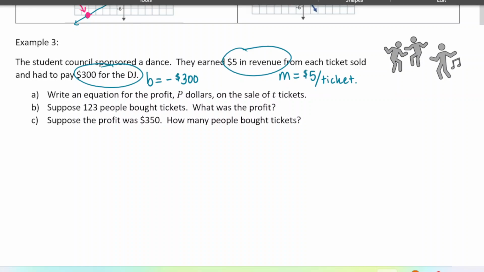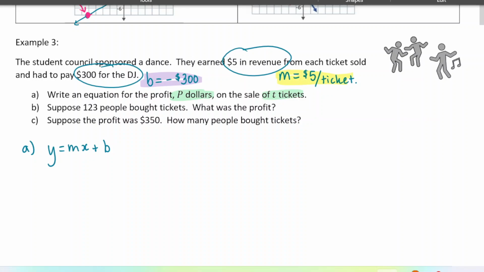Okay, so here for part A, it says write an equation for P profit on the sale of T tickets. So if I was just writing this equation with X and Y, we would do Y equals MX plus B, and we have our B, which is -$300, that's where we start, and we have our M, which is $5 per ticket.